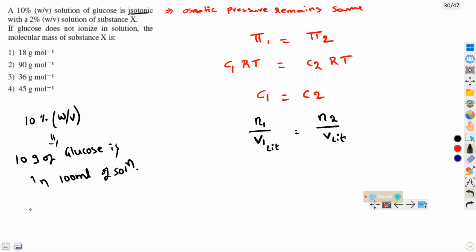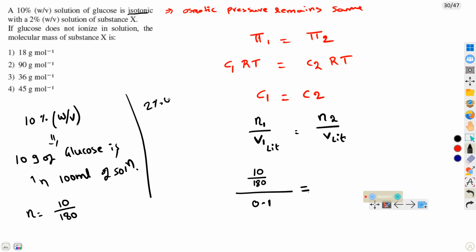Number of moles of glucose is equal to 10 by 180. Number of moles, 10 by 180, whole divided by volume. 100 ml means how many liters? 0.1 liter. This is equal to 2% weight by volume.